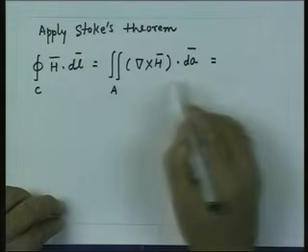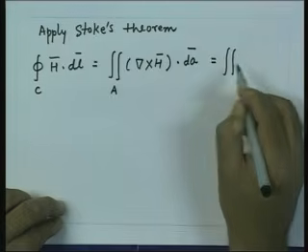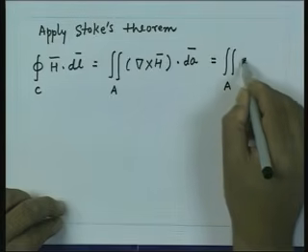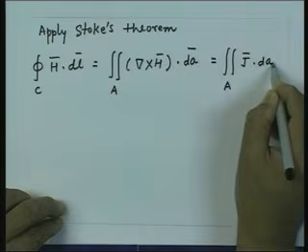So, this quantity is equal to the double integral over A of J dot dA.